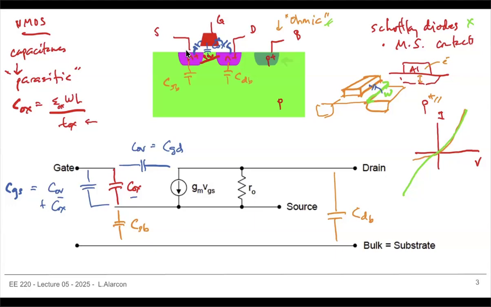And if you remember, what's a characteristic of junction capacitances? Well, junction capacitances are present because of the depletion region. So the larger the reverse bias is, if I have a PN junction, I have a certain depletion region, and that's where you store charge.